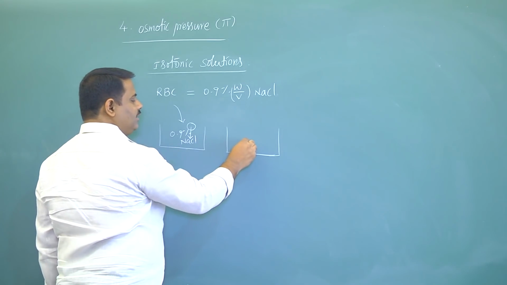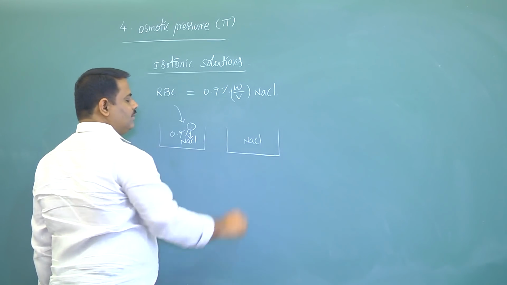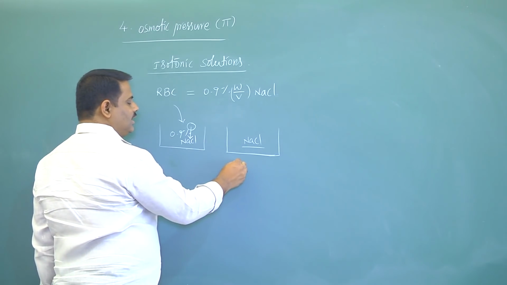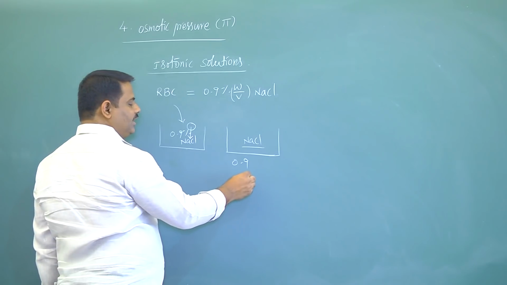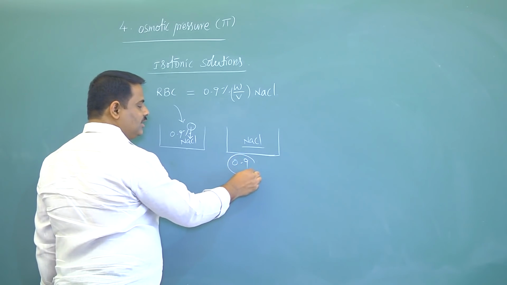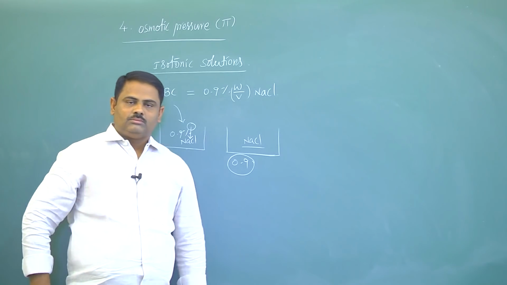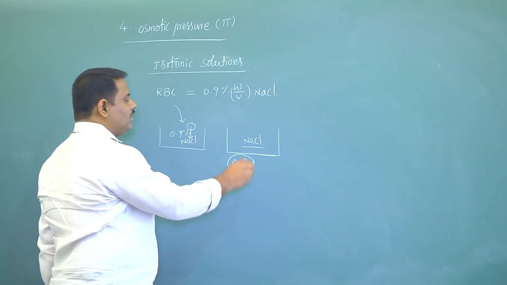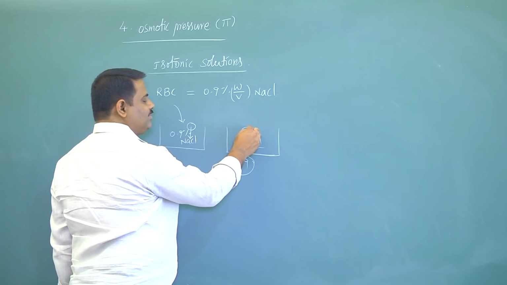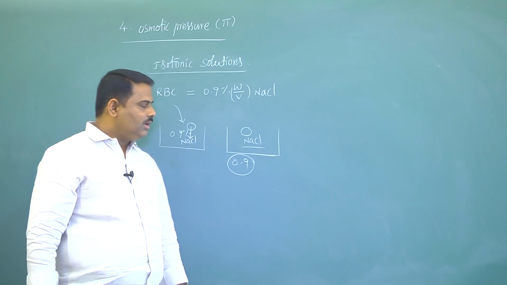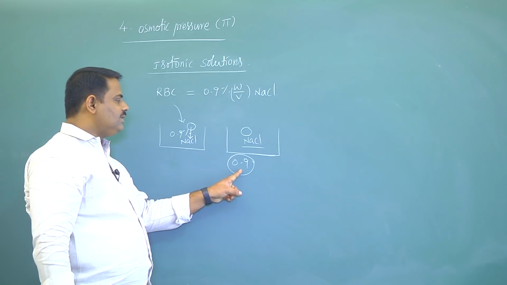Here I am taking sodium chloride solution where the concentration of sodium chloride is less than 0.9% weight by volume, and now an RBC cell is placed here. Remember, here the concentration of NaCl is less.